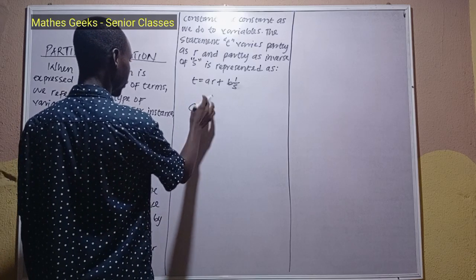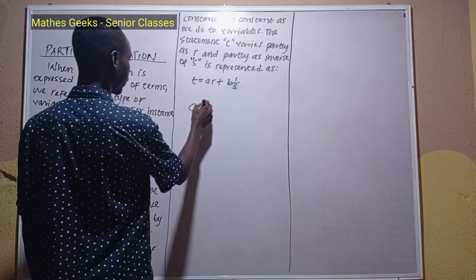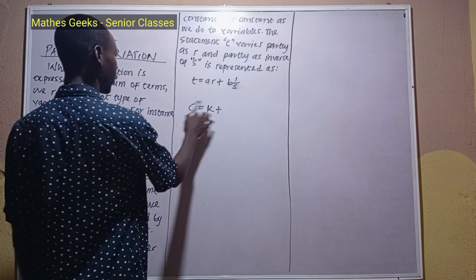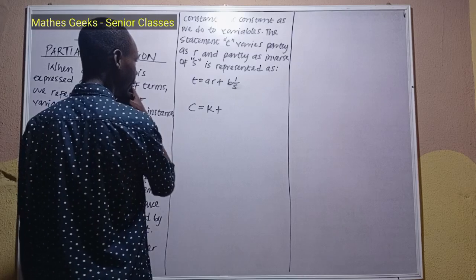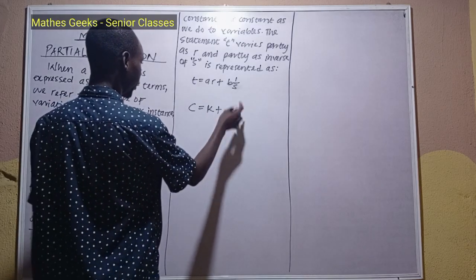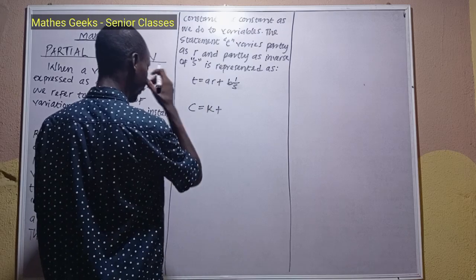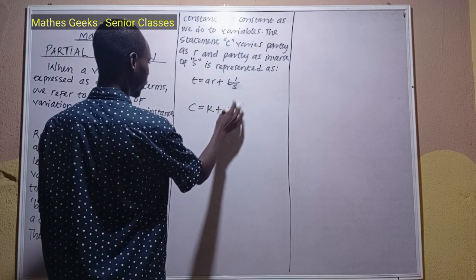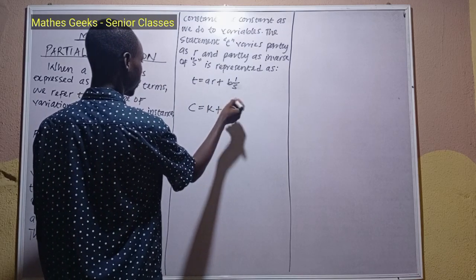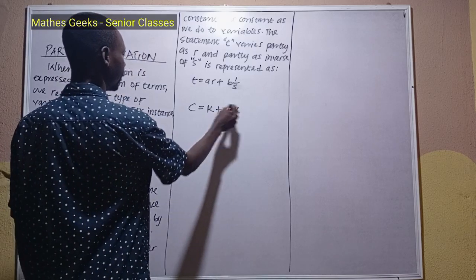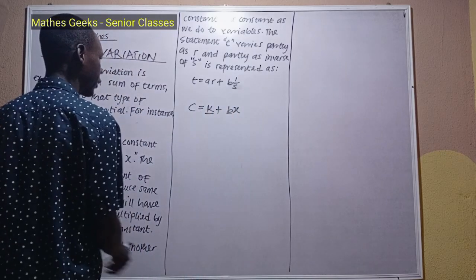So c is equal to k, and c is partly constant and partly varies as x. For the part that varies as x, we introduce a constant, let's say b, giving bx, where b and k are both constants.